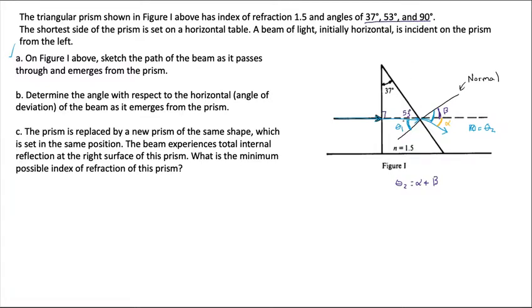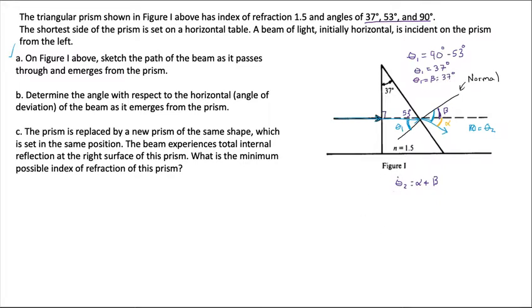Now, the normal to the surface of the glass is a 90-degree angle, which means that theta 1 is just equal to 90 degrees minus the 53 degrees. And so theta 1 is 37 degrees. And if you look at alternate interior angles, theta 1 equals beta. So beta is also 37 degrees.